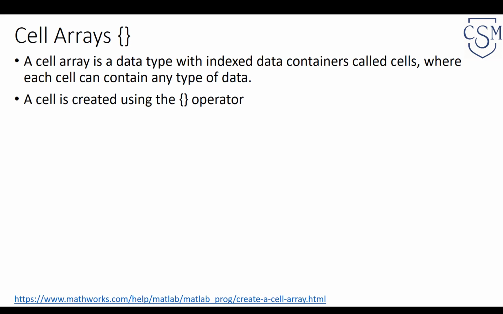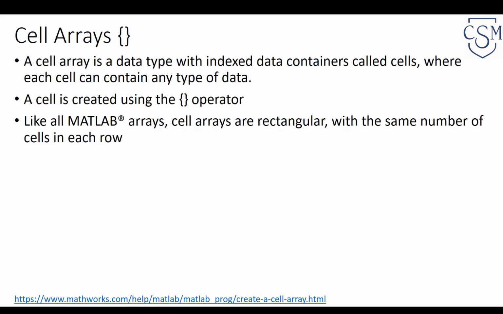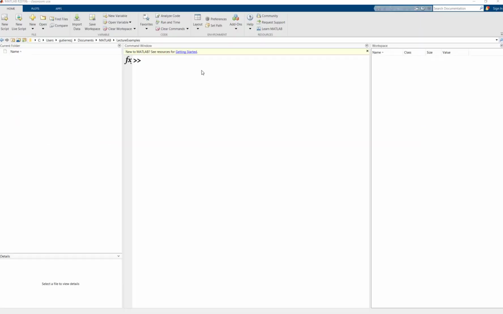A cell can be created using the curly braces operator, and like all arrays in MATLAB, a cell array must be rectangular, where the same number of cells are in each row, or the same number of rows are in each column. So we have m by n cell arrays that we can make using our cell operator. Let's take a look at how this is done.